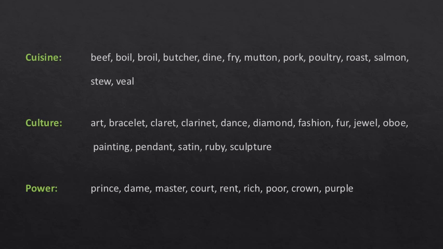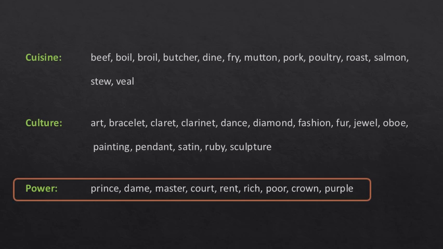Culture words: claret, the wine, as well as clarinet, dance, diamond, fur, jewel, oboe, pendant, sculpture. And I want to focus on this last list, some words which have to do with power directly.